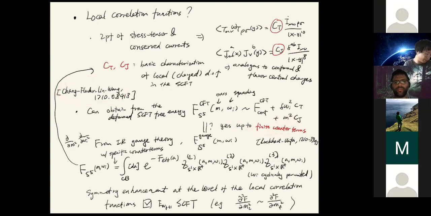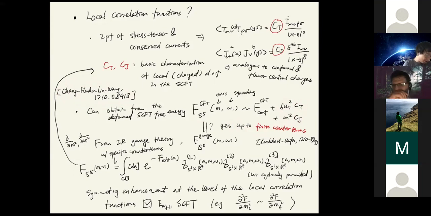Once you establish this equality, in particular, these counterterms do not affect these coefficients. That's very important, because if the counterterms affected these coefficients, then you're doomed. But you can carry out the analysis.